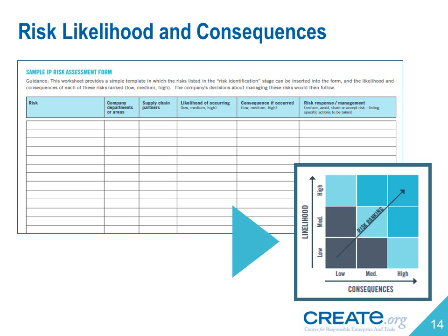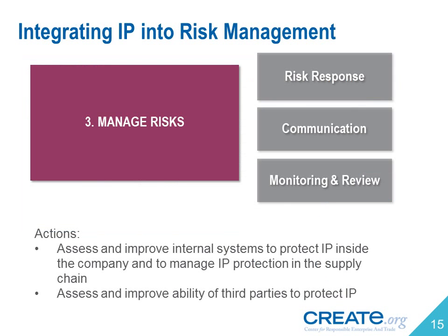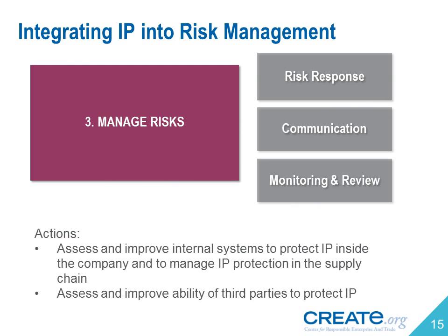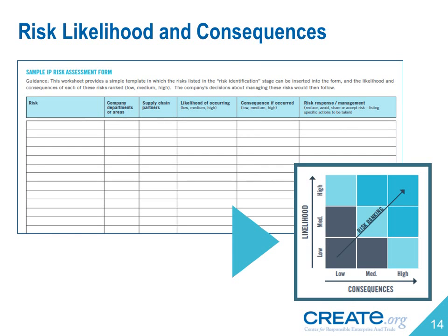But if you look at this little chart at the bottom of the last slide, we have the kind of risk that you are dealing with. You may have a risk that's very low probability. I think Craig's Coca-Cola example, it may be a low probability risk that a trade secret leaks out.